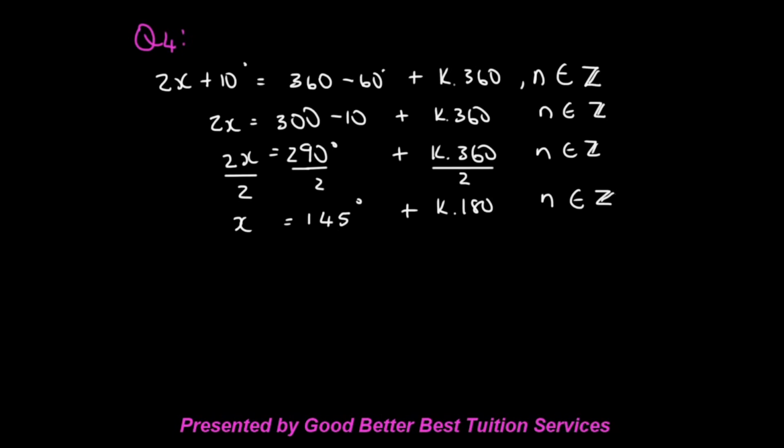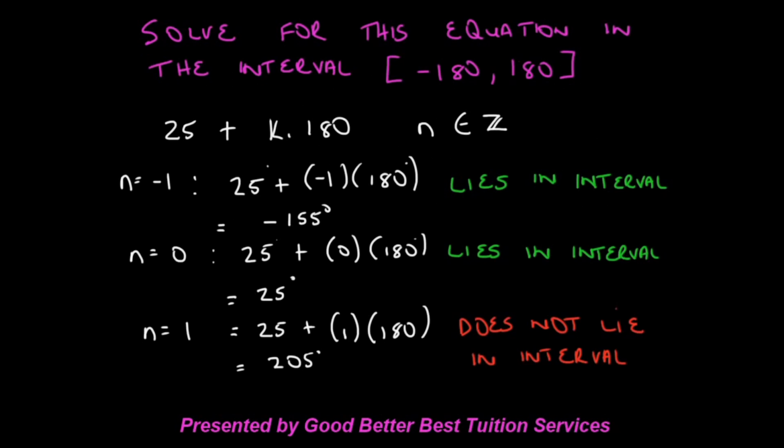Let's see what we need to do when there is a specific solution we need to find. If we were to solve for this in the interval negative 180 to 180, we are going to use our first quadrant equation, 25 plus k180. And what do we substitute? Negative 1, 0, 1. We'll check the negative 2, but oftentimes, as I mentioned before, it does not lie in the interval.